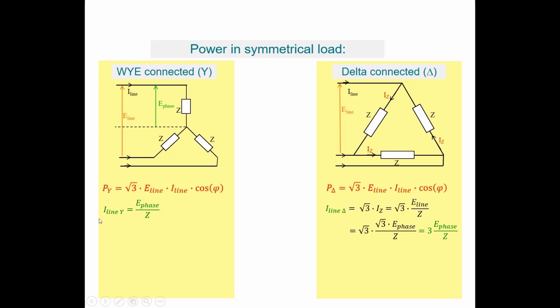So compare that to the line current in a Y connected load, and we see that the line current in a delta connected load is 3 times higher with respect to the line current in a Y connected load.